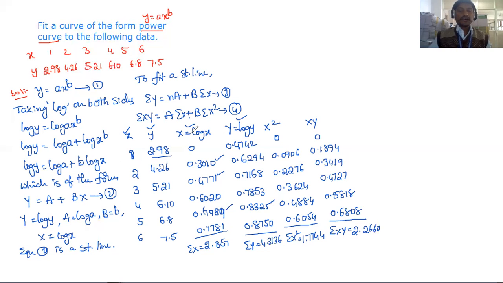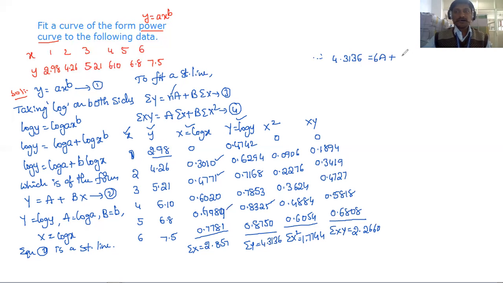Now by taking all these values, we need to substitute them in normal equations 3 and 4. Summation y is 4.3136, n is the number of values, so 1 2 3 4 5 6, so 6A plus B summation x.